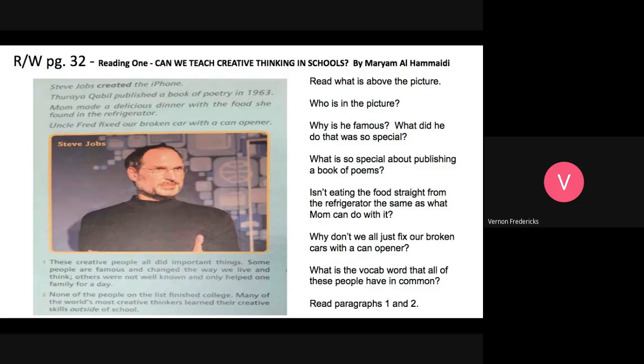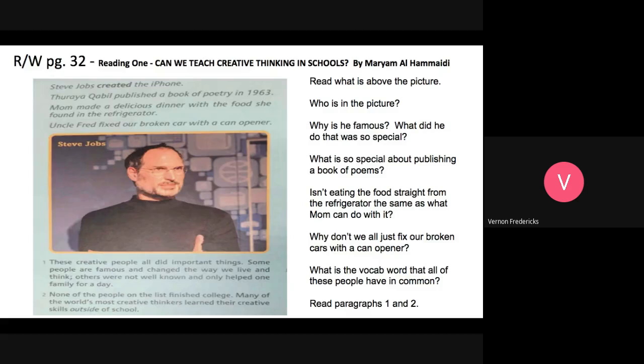It is special because maybe Thuraya Kabil wrote it in English, or maybe she wrote it in Arabic. And it was important in 1963 maybe to have a lot more Arabic literature, poems or books. Yeah, 1963.